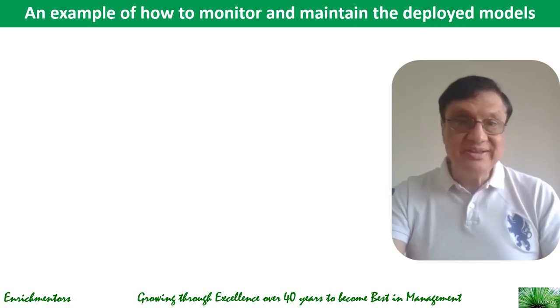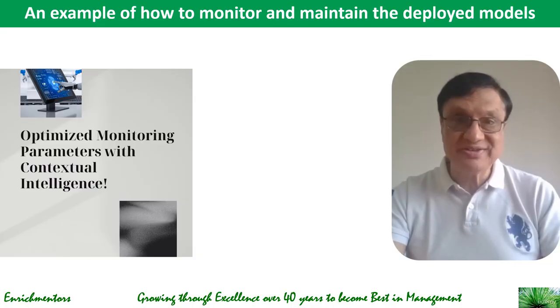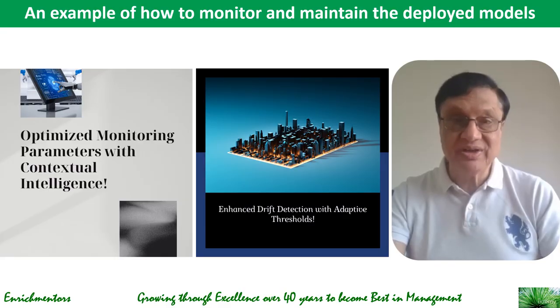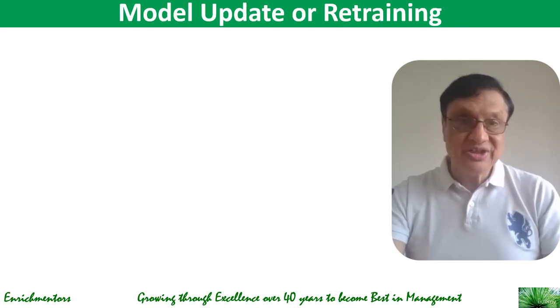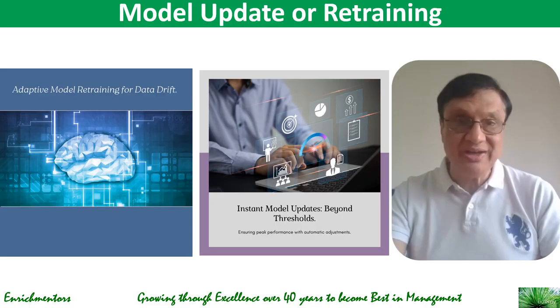They went on to dynamically adjust monitoring parameters by using adaptive monitoring strategies based on contextual factors, and implemented adaptive thresholds or sensitivity levels for drift detection. They scheduled periodic model retraining based on data availability and drift detection signals, and automatically triggered model updates when performance metrics degraded beyond the threshold.